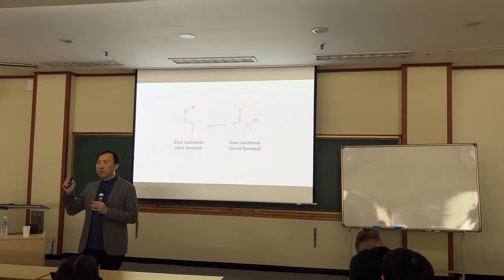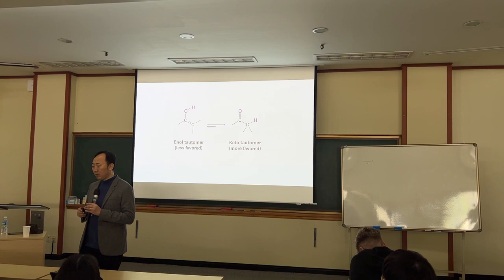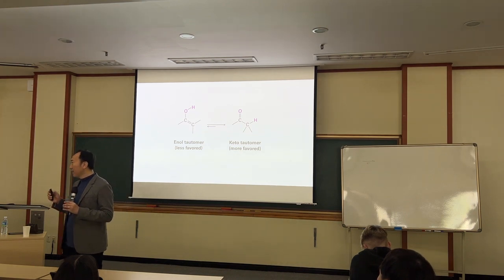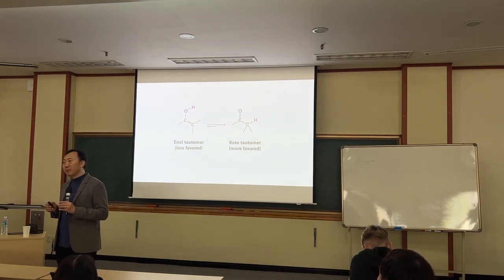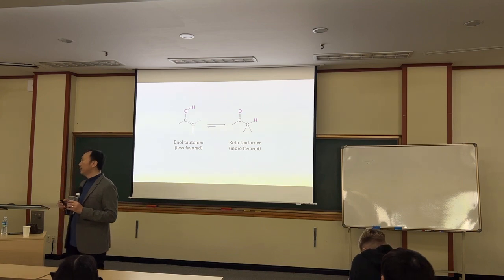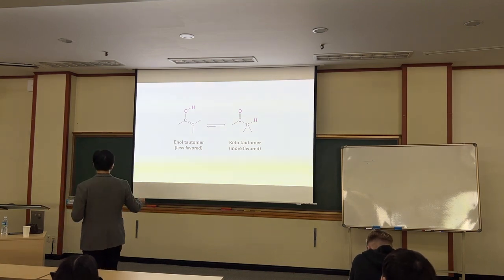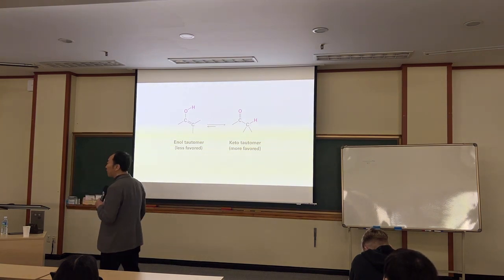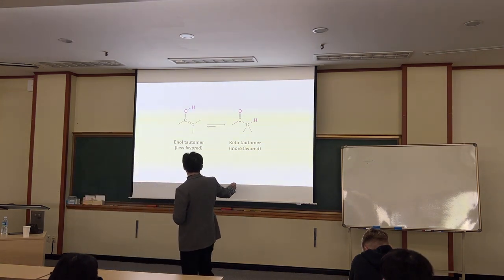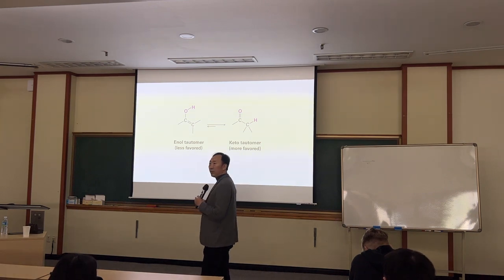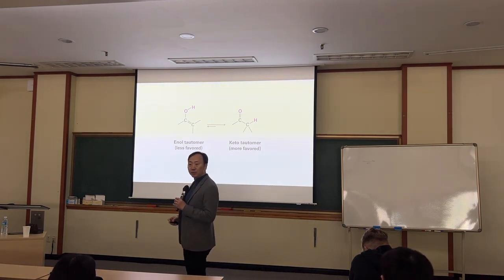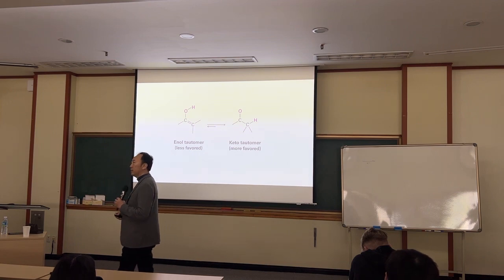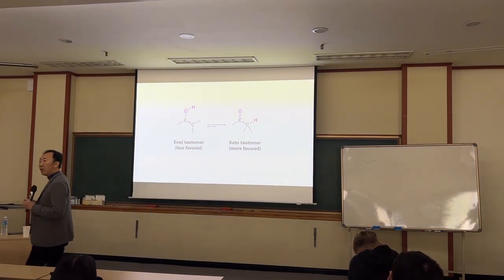But here also the pi bond is moving and a new sigma bond is formed. Any simpler way to say it? An atom was moved. Which atom was moved? Hydrogen was moved. Hydrogen was originally here, and now this hydrogen has moved to here. Now the distance between this hydrogen and this hydrogen is changing. Atom position is changing. So that's the evidence that this is an equilibrium.